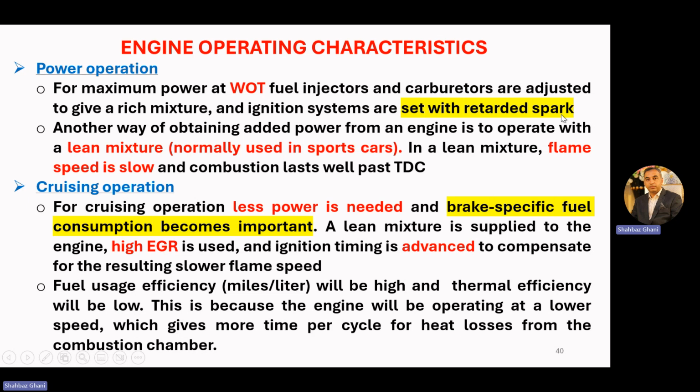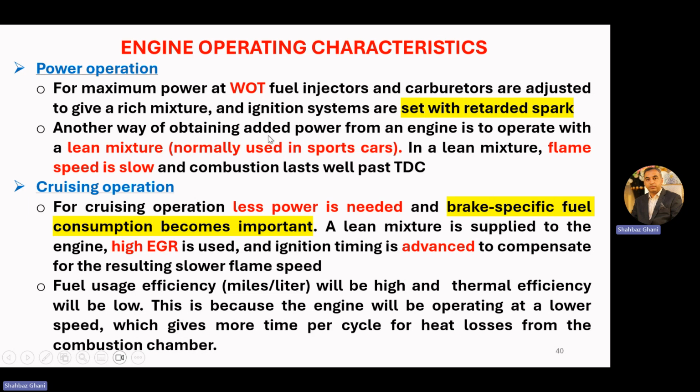When we have a wide open throttle condition, it means more air is flowing inside the combustion chamber, so we require the maximum amount of fuel to have that stoichiometric ratio. So fuel injectors and carburetors are adjusted to give that type of mixture, and the ignition system in these conditions is set with retarded spark.